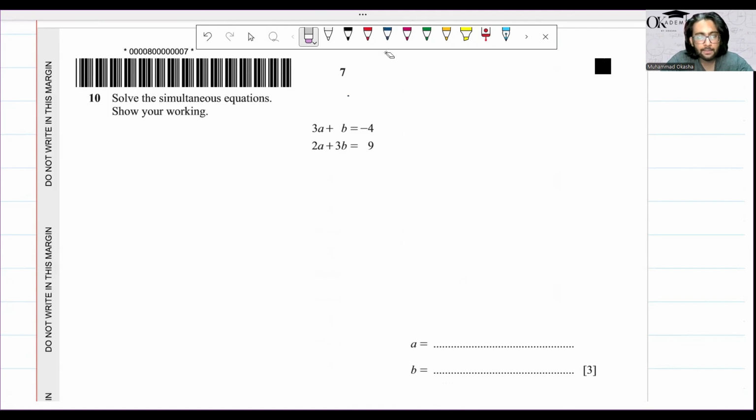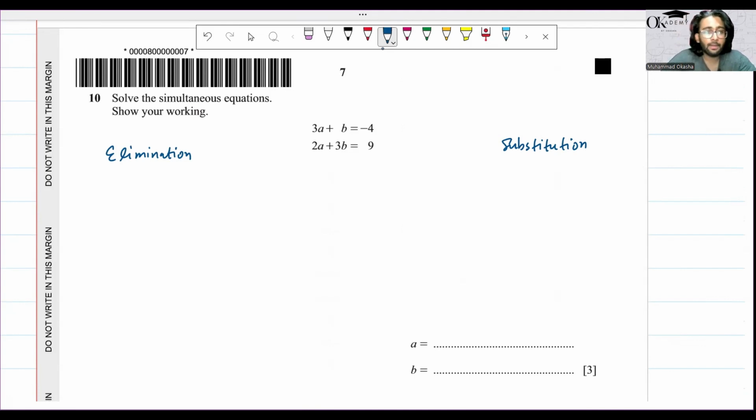I'll actually show you both. You can do it by elimination, or by substitution, it's totally up to you. I'll do it by elimination first because I find it easier. You don't have to do both, you only have to pick one.